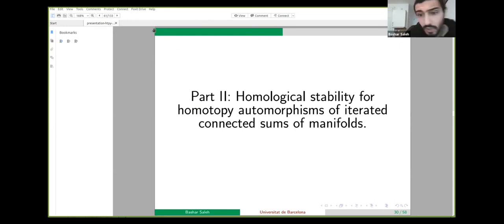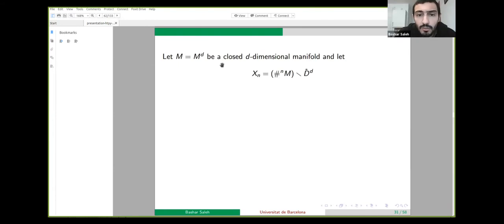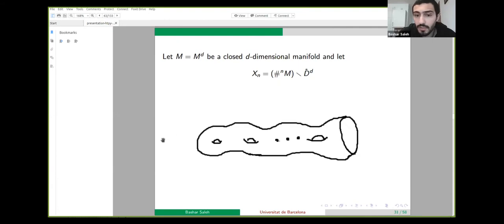So now I will talk about more recent results, mostly due to Alexander Berglund and Ib Madsen. We start with a closed d-dimensional manifold, and let Xn be the n-fold connected sum of M minus a disk. So the picture you should have is something looking like this.